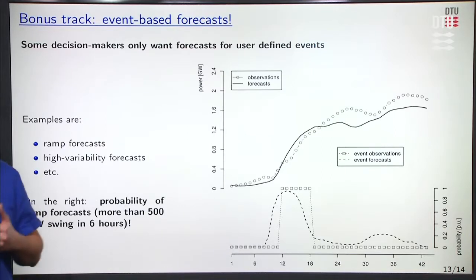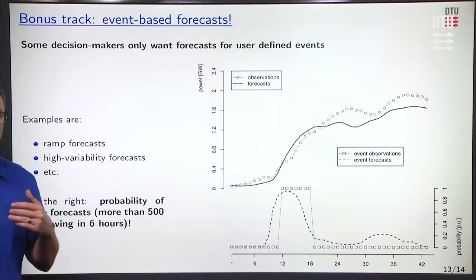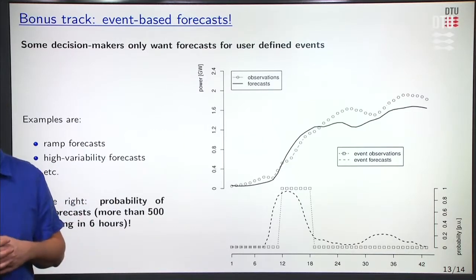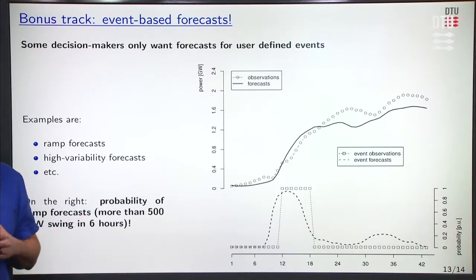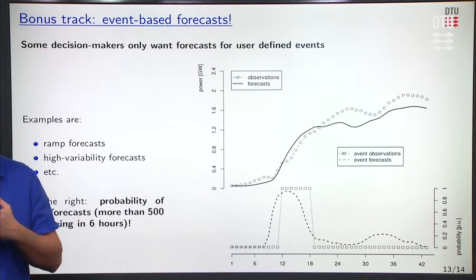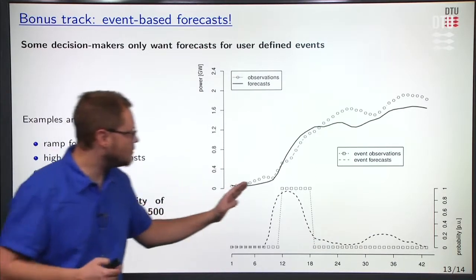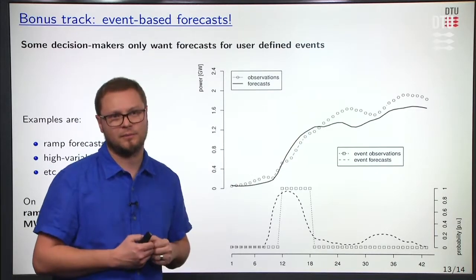Finally, some of you, if you dig a bit more into this field, or if you do decision-making based on forecast, some of you may see new products that are not like those that I defined before. So for instance, some have been interested to filter the forecast information because too much information in the forecast can be overwhelming, and then you can have user-defined events. So let's say, for instance, that some are interested in the ramps, so in a steep increase in power generation.